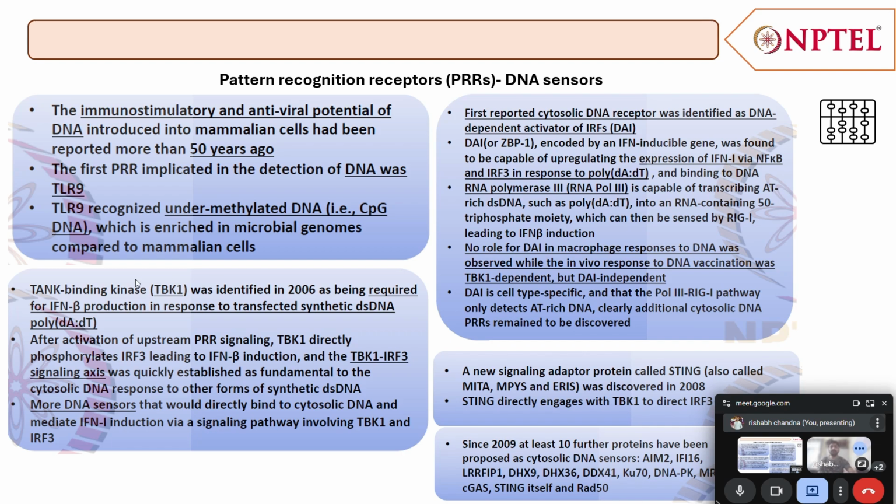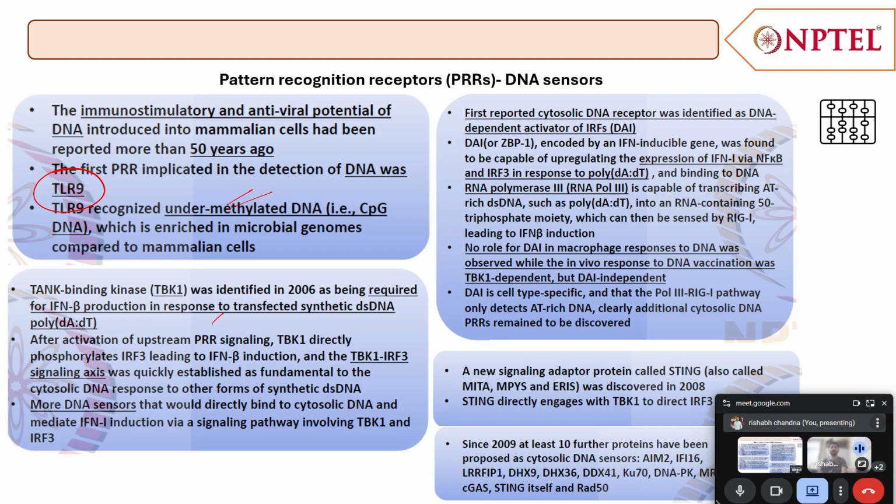And the first PRR reported was TLR9, which was reported to detect DNA. Now, TLR9 recognizes unmethylated DNA, that is the CpG island, as I stated before. So this TLR9 basically identifies the unmethylated or less methylated DNA that is present mostly in microbial genomes.